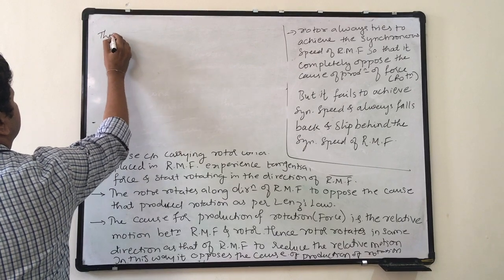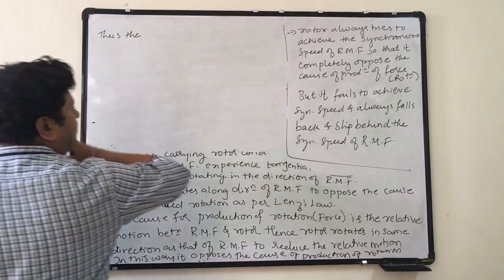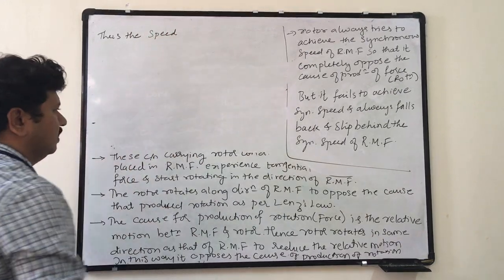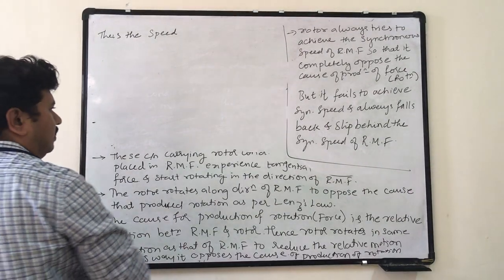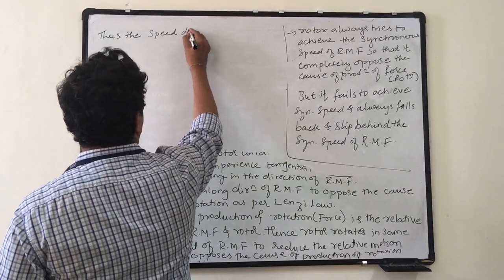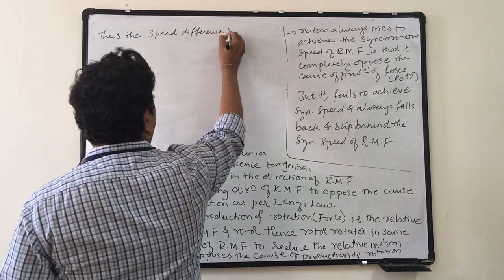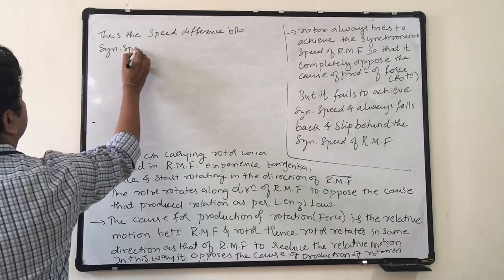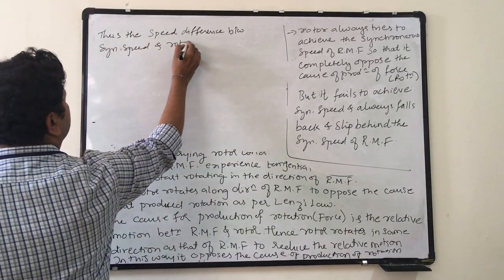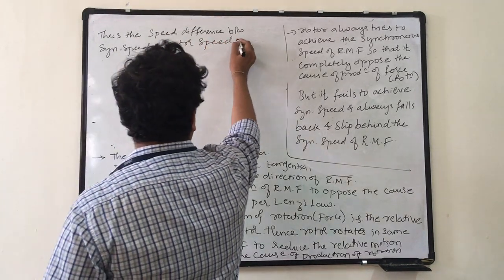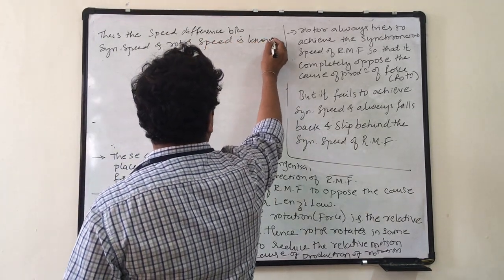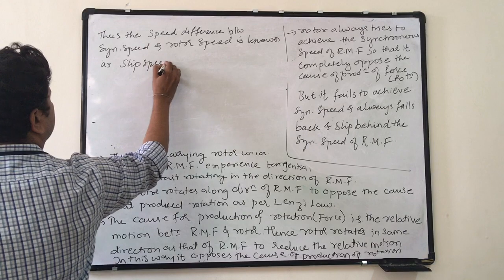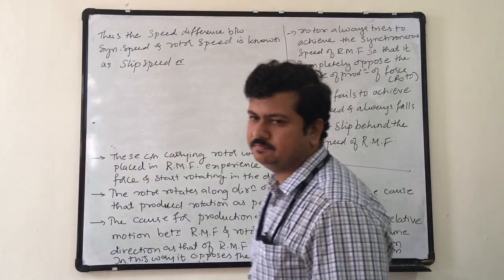Thus, the speed difference between synchronous speed and rotor speed is known as slip speed or relative speed.